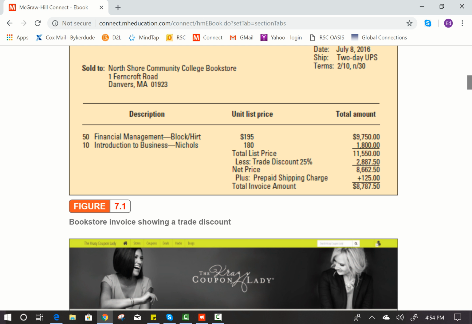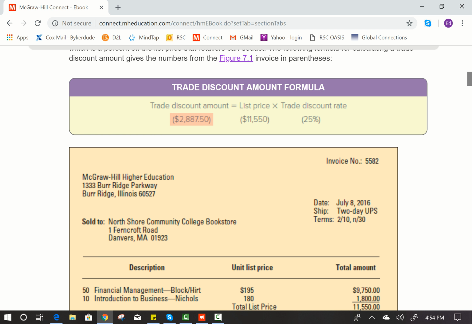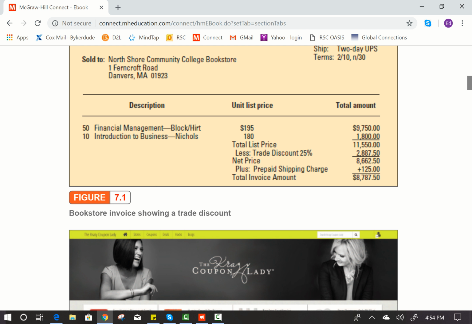So your total list price is $11,550, and that's what they came up with in this particular calculation. Okay, now there's a trade discount of 25%, so they took that $11,550 times 0.25, and that gave them $2,887.50, and that's the trade discount amount. Subtract that from the list price to give them the net price of $8,662.50.